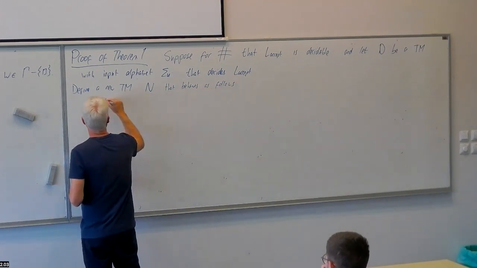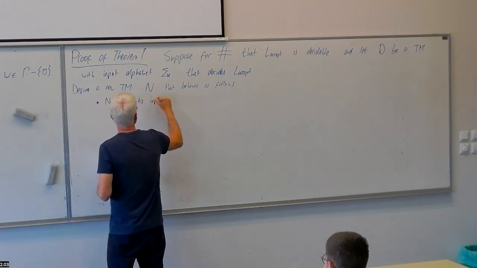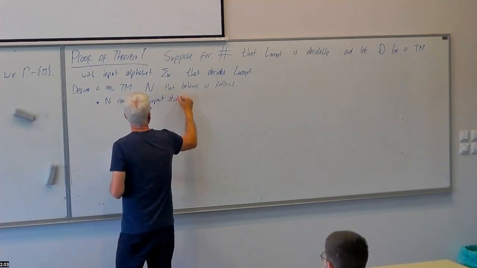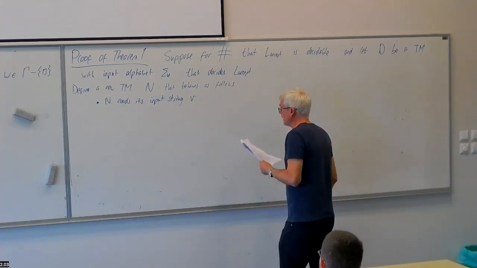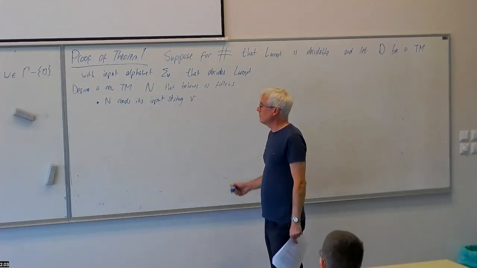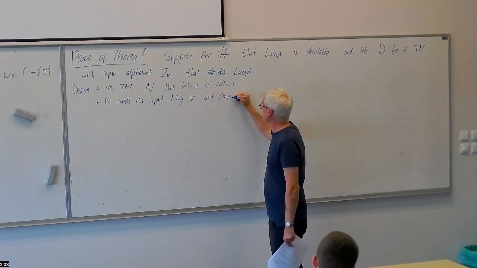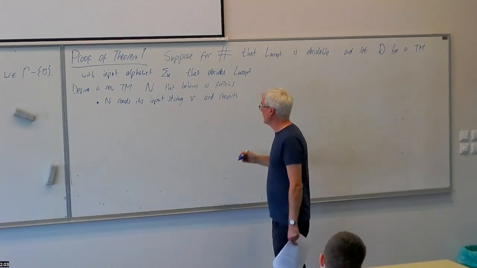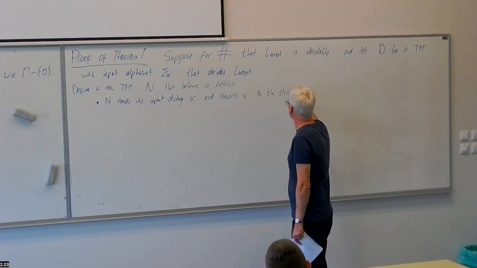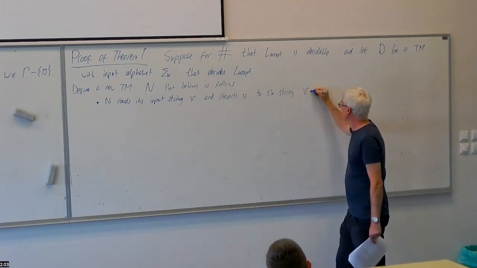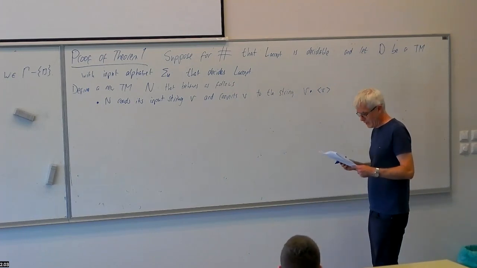Firstly, N reads its input string, say V. And it does something fancy: it converts V to the string V, bullet, encoding of V. It's a weird thing to do.